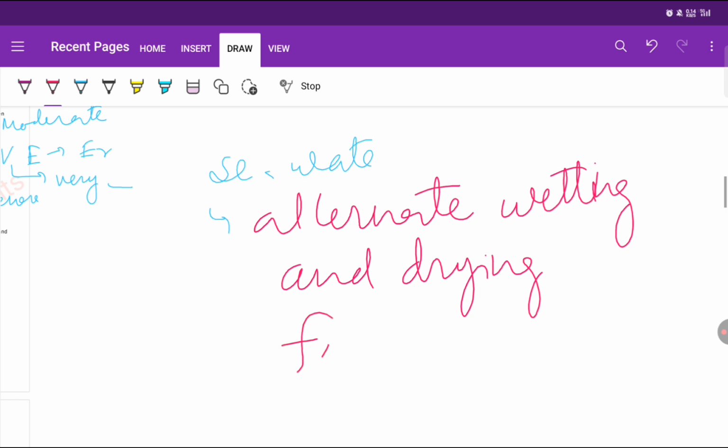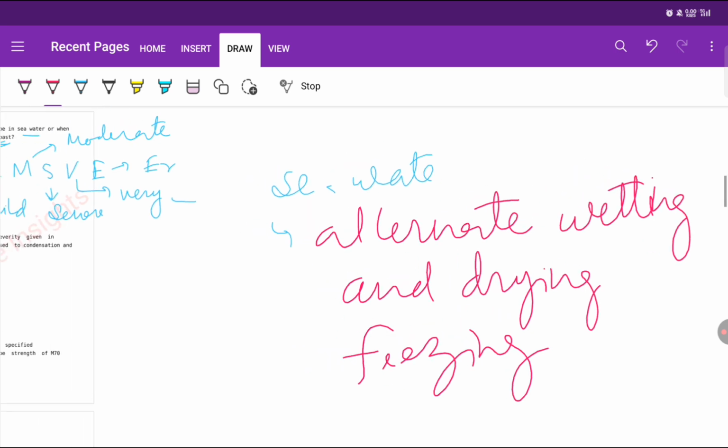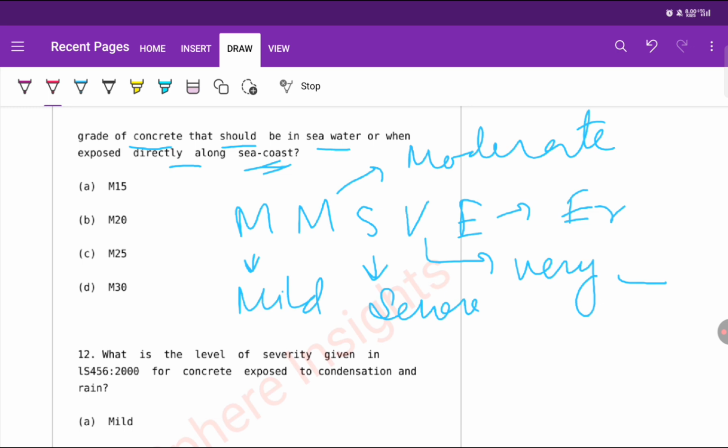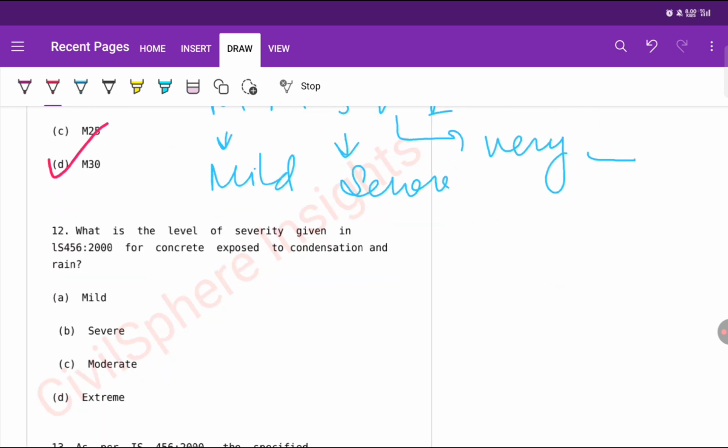Or if there is freezing, exposure to freezing. Okay, so these things come under very severe condition. So M30 is the correct answer.